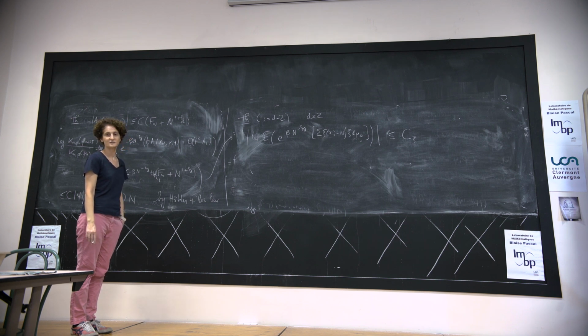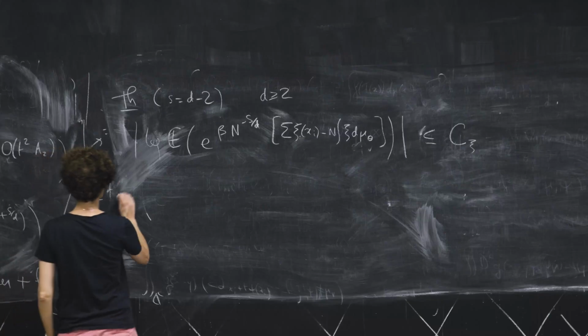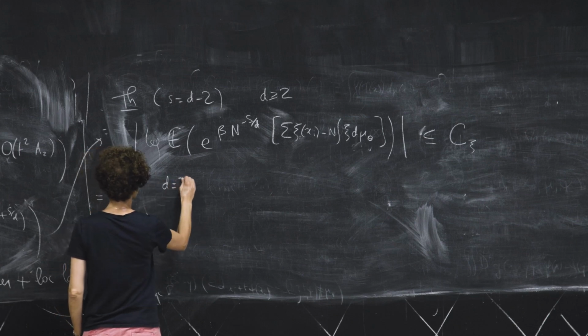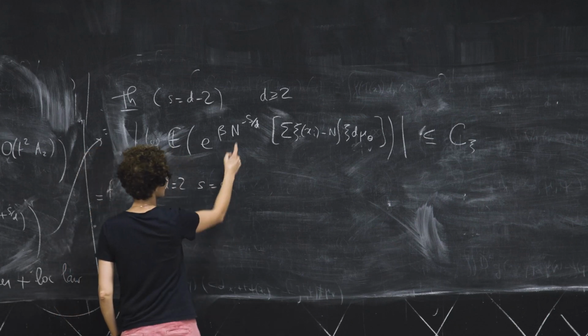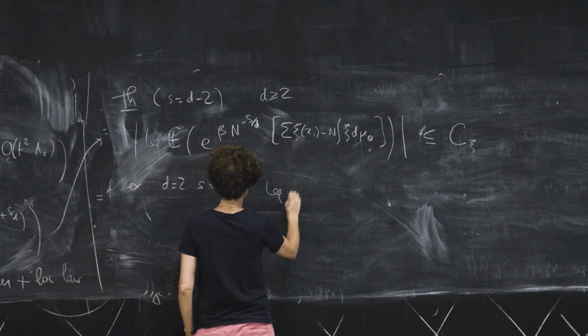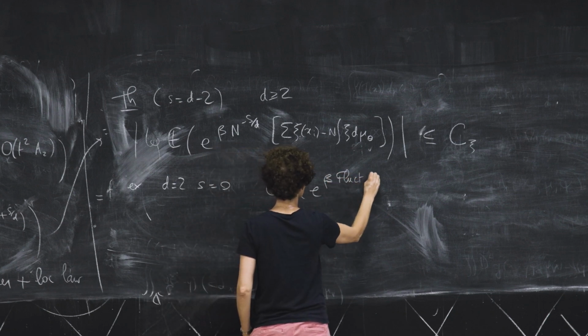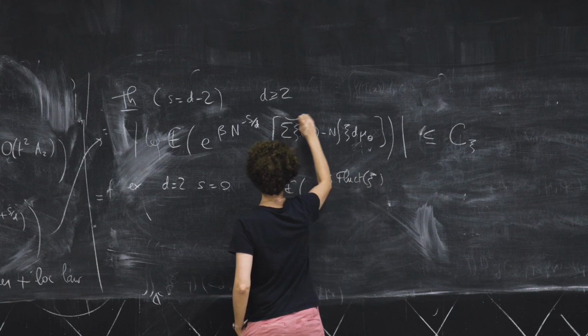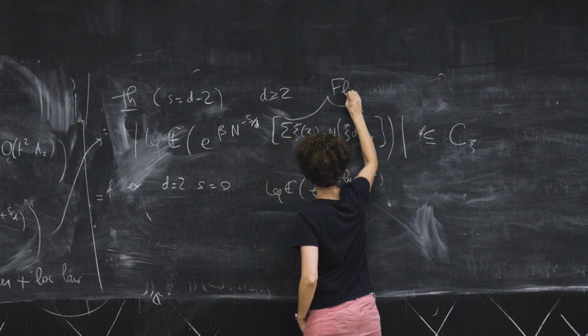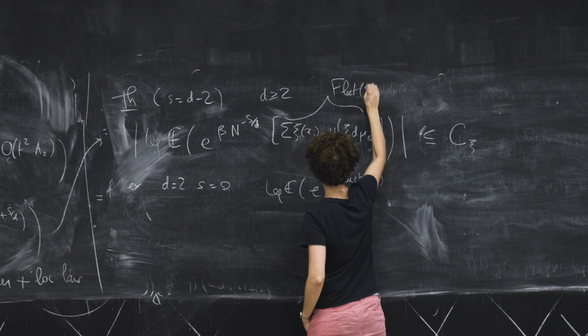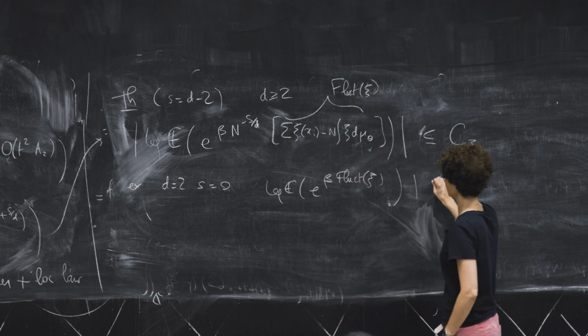So the consequence of this is, for example, d equals 2, s equals 0: exponential moments of the fluctuations, let's call this fluctuation of xi, are basically bounded.